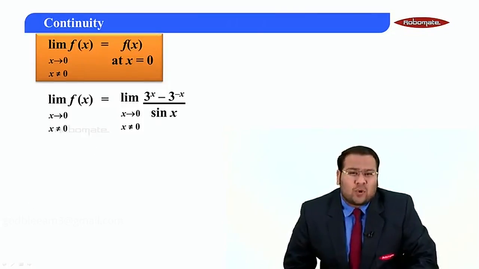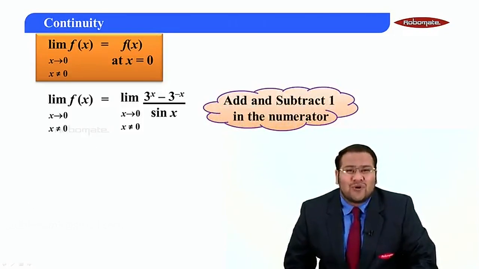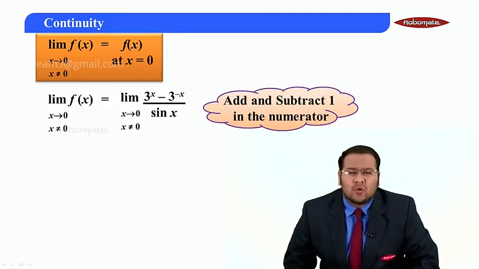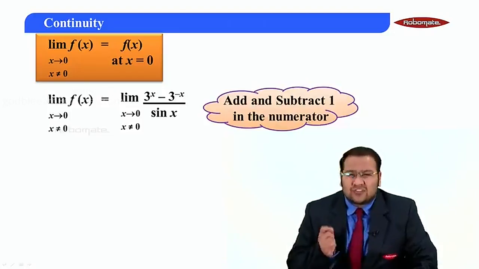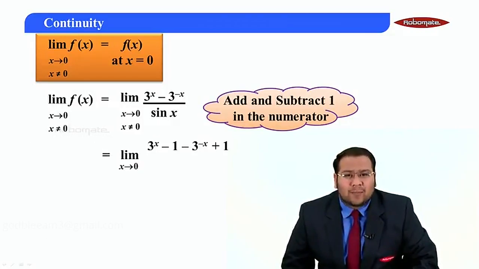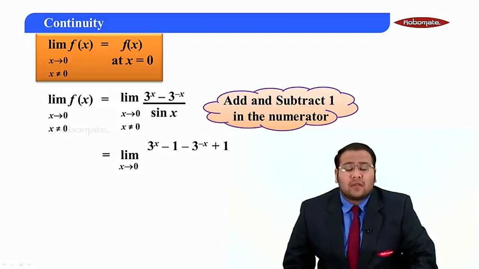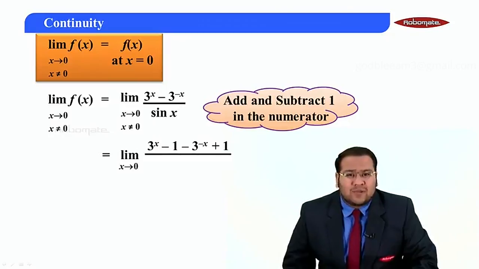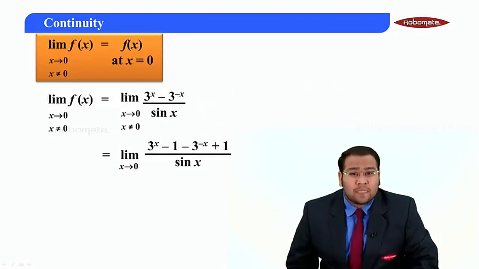If you have solved such problems earlier, you know what to do in this case. Add and subtract 1 in the numerator. Wondering why? Just hold on for some time. What would it be if you add and subtract 1? It would be 3 raised to x minus 1 minus 3 raised to minus x plus 1 upon sin x.